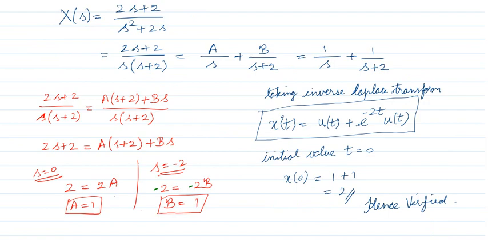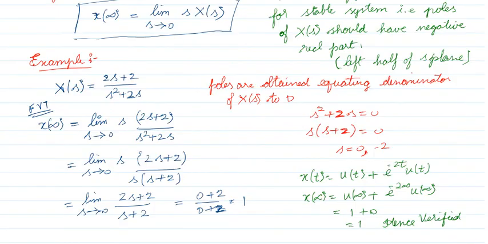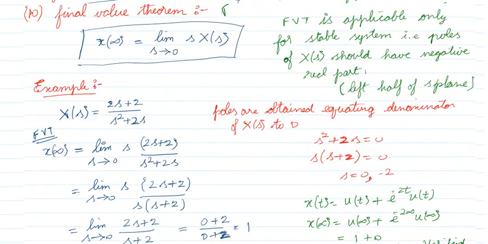Okay, next we have another theorem called the final value theorem, FVT. Very important thing of the final value theorem is, in time domain, if I need the value at infinite, x of infinite is equal to limit s tends to 0 of s into capital X of s. There x of 0 means limit s tends to infinite; here x of infinite is s tends to 0.